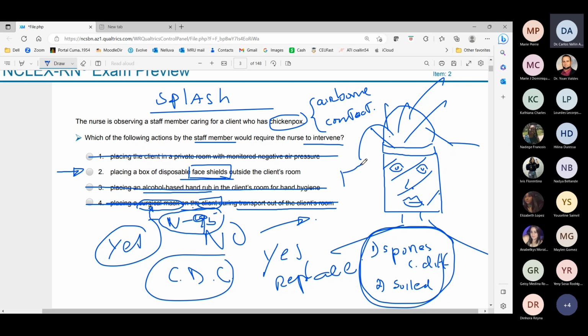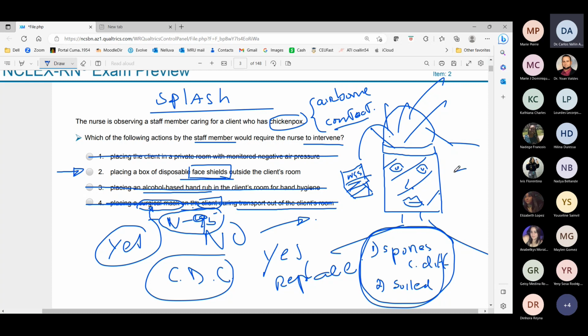Outside the room, we can place a little cart with N95s, gowns, and gloves, because remember, this is also contact. So we need N95s, gowns, and gloves available outside the room, but no face shields.